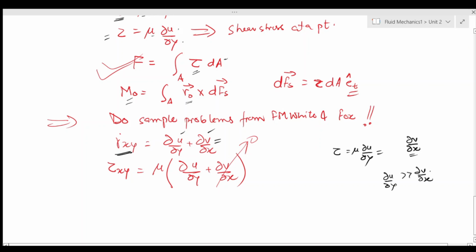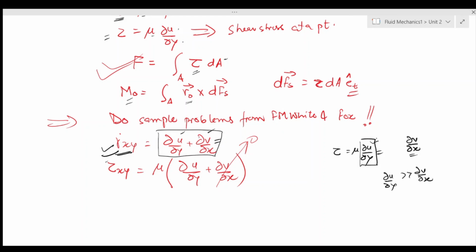Otherwise, del u by del y is only a part of the shear strain rate, and the complete shear strain rate is del u by del y plus del v by del x. The only reason that you are only looking at del u by del y is that the other component is quite small. Now that finishes our Newton's law of viscosity.